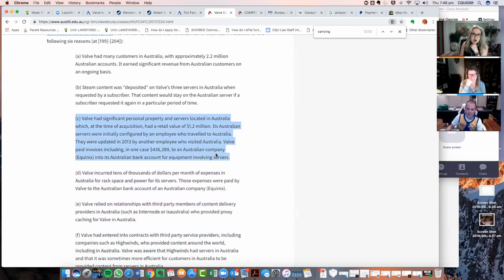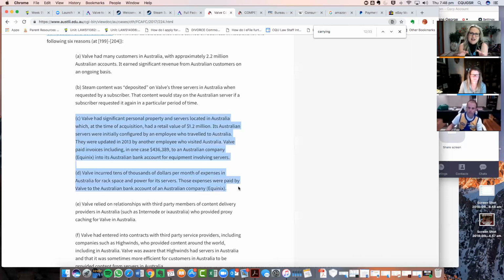Yes. This is the only thing I think. If they hadn't, I don't know whether it still would have come down on the same side of carrying on business here if these kinds of things were not in the mix. If they've got personal property here, see, it's interesting because they don't even have real property here and they're not incorporated here.